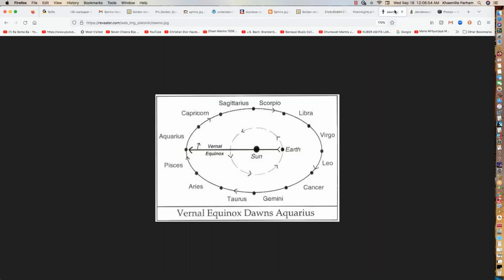Okay? Now, this line here is the line of the equator. So the Sphinx on the Earth would be exactly staring into this arrow tail, exactly, called due east. Okay? Now, the equator and the word equal have a semantic link.